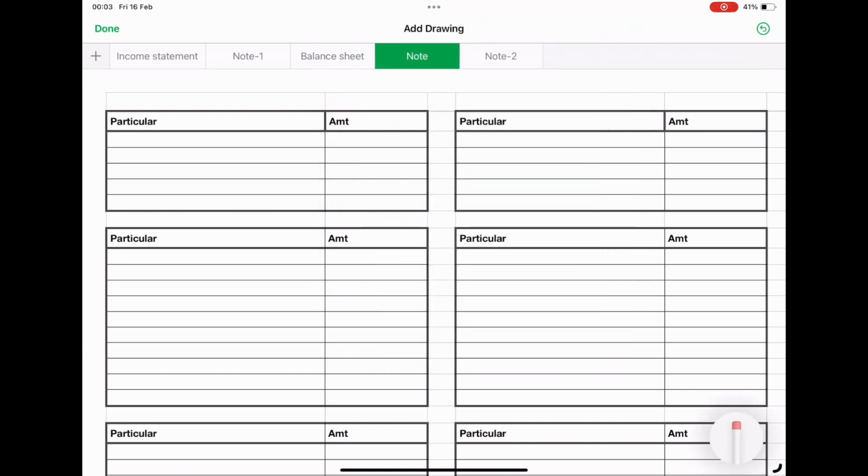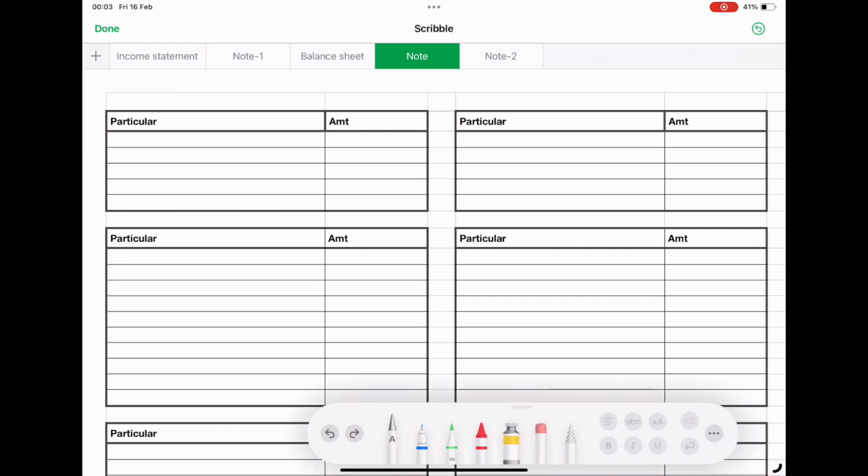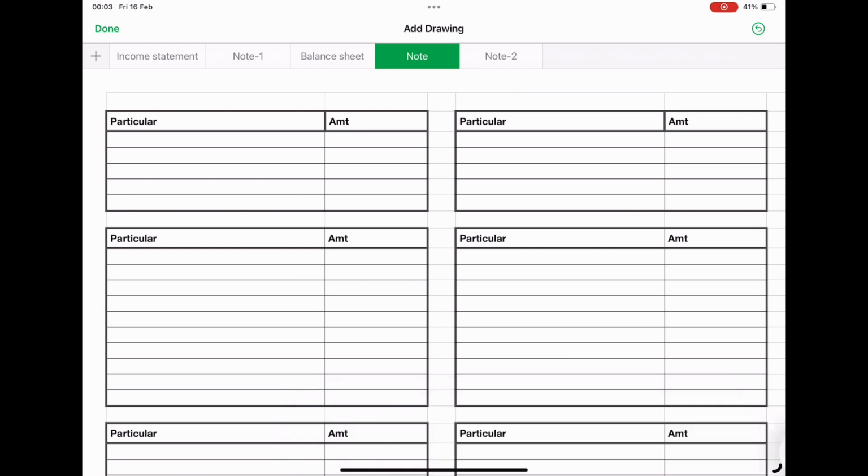First one, note 1, share capital. How much have they given in the question? Equity share capital.